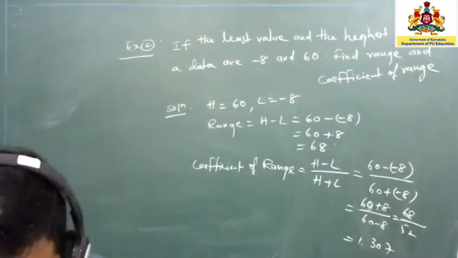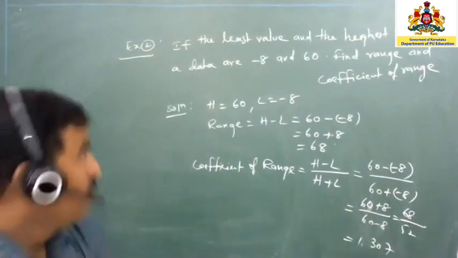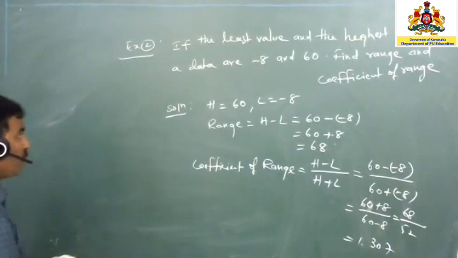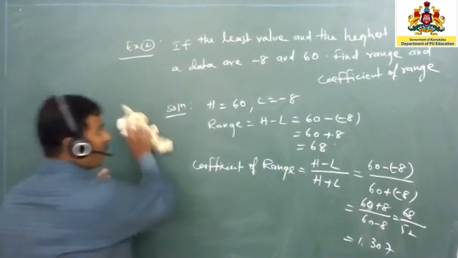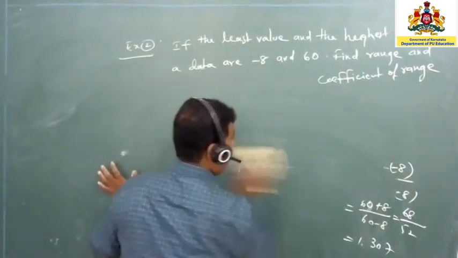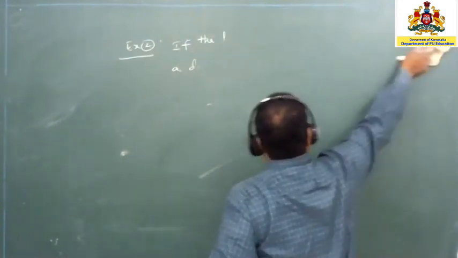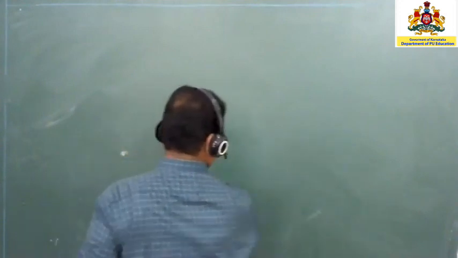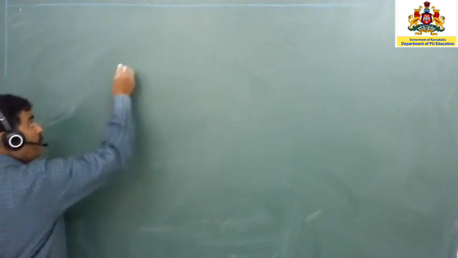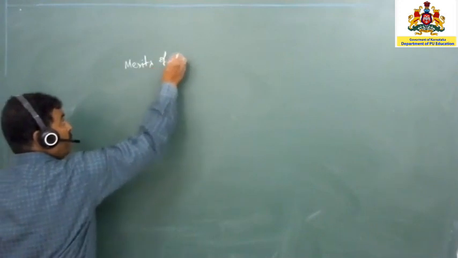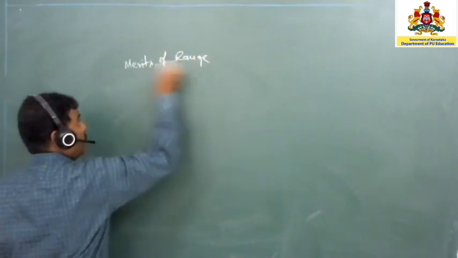The first measure is range. Before going to the second measure, merits of range.